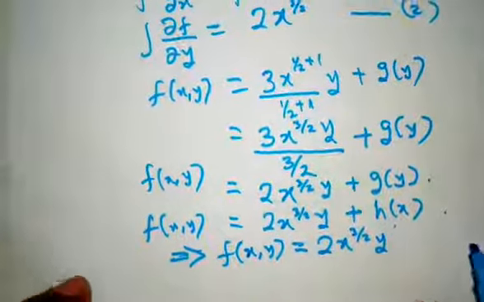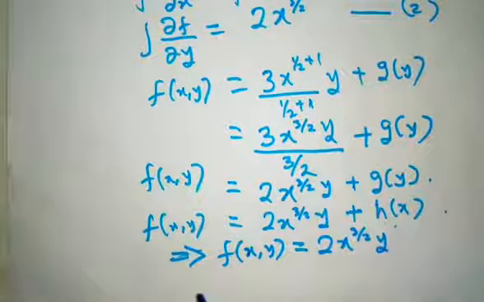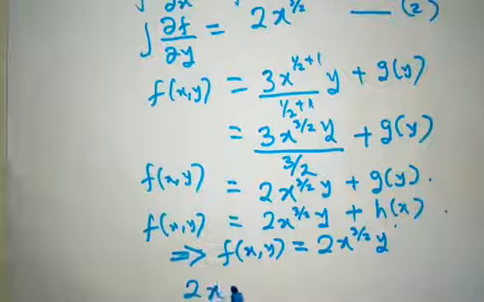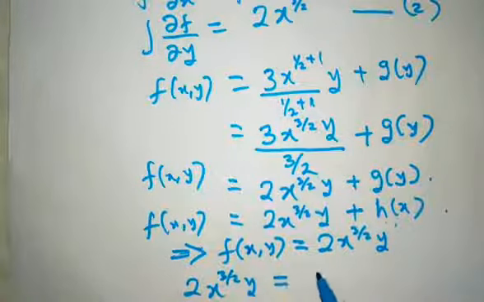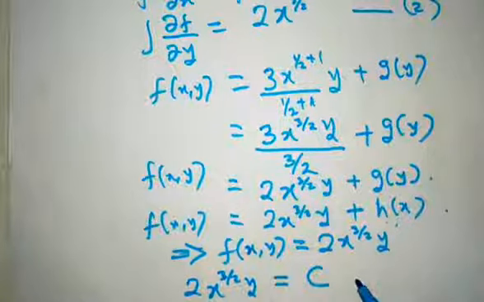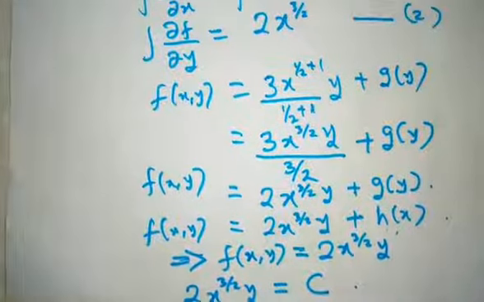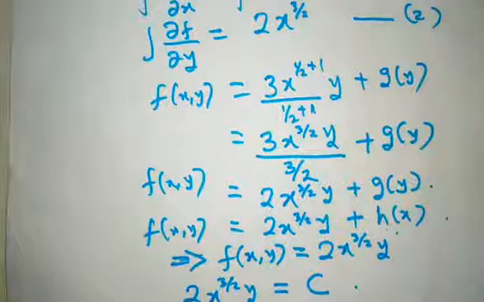And so the solution to our differential equation is 2x to the power of 3 over 2 y equals an arbitrary constant c. I hope you enjoyed this video. In the next video, we'll look at an example involving the second case. Thank you.